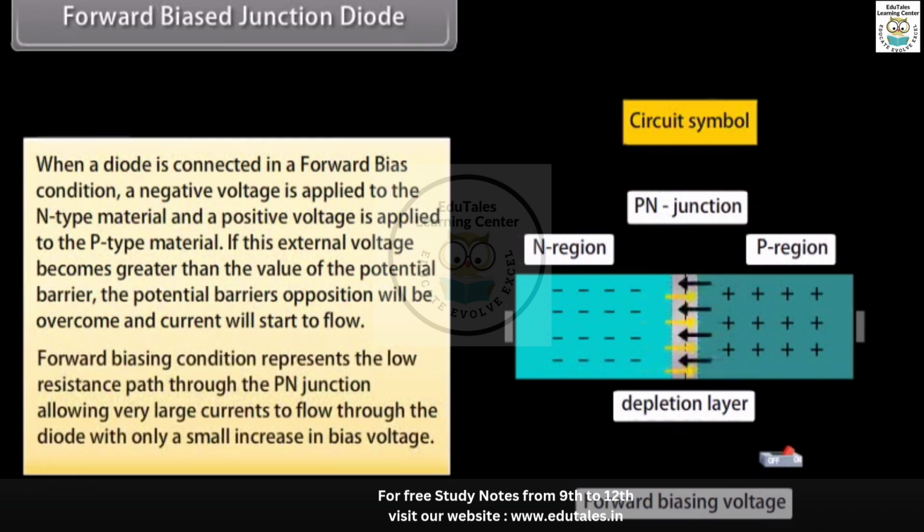Forward biasing represents the low resistance path through the p-n junction, allowing very large currents to flow through the diode with only a small increase in bias voltage. The actual potential difference across the junction or diode is kept constant by the action of the depletion layer.